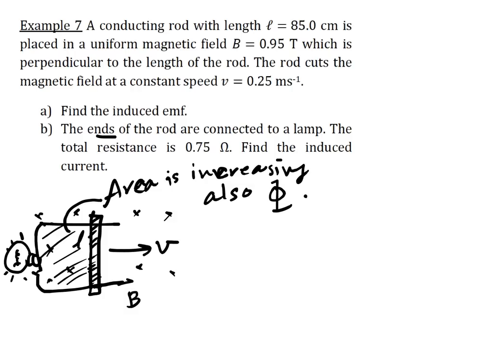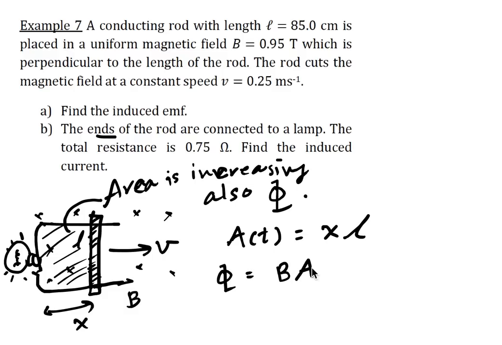Here we can sketch the area as a function of time, as the product between the distance x and the length L, and the magnetic flux will be the magnetic field times the area A. So that will become BxL.